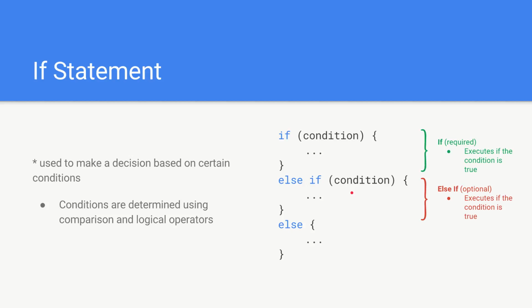And then finally you also get an else block, which doesn't have a condition, and it will only execute if none of the other blocks have executed. So if all the other conditions were false, the else block gets executed. And this is also optional and you don't need one necessarily.